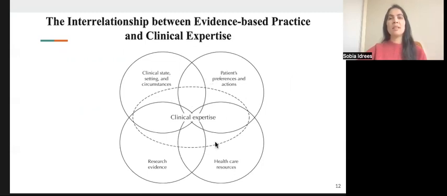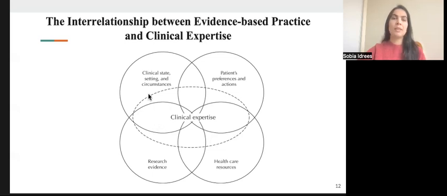One thing that we talked about for evidence-informed practice was the best available evidence that is coming from research, empirics. So research evidence, then we will integrate the clinical expertise. After that, we will also look at the resources that are available at the healthcare setting.